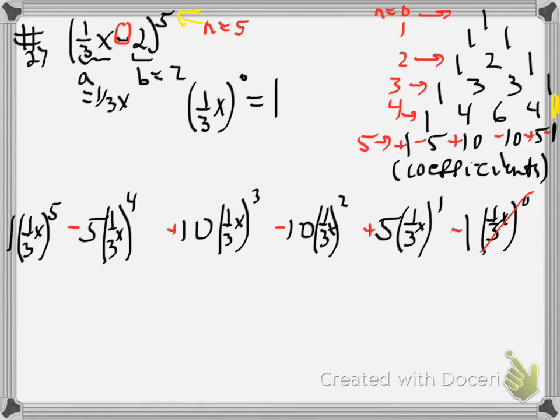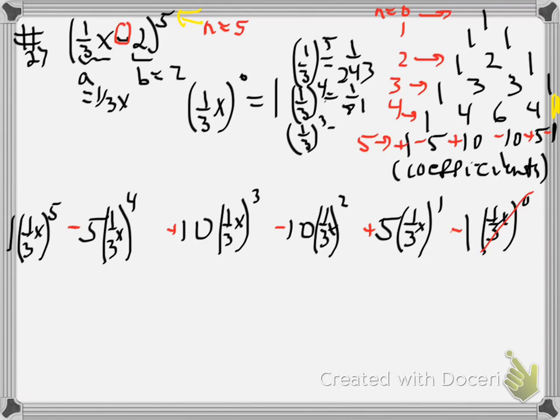And just so you are aware, if you weren't already, 1/3 to the 5th is 1 over 243. 1/3 to the 4th is 1 over 81. And 1/3 to the 3rd is 1 over 27. So if you weren't seeing that, those are in there. And then, so we've got that part.